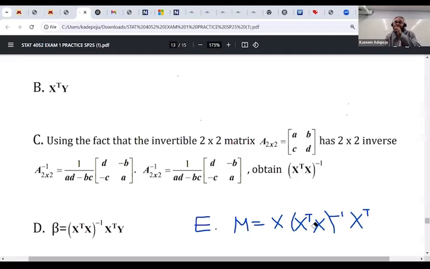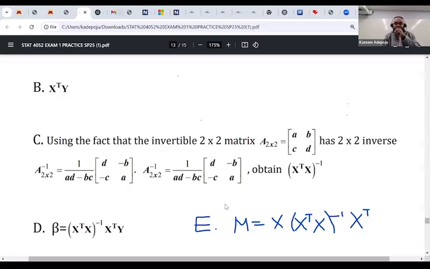Like if I want to find the leverage in the data set, the hat matrix. That's a hat matrix. So what if I ask you to find that from the data set?